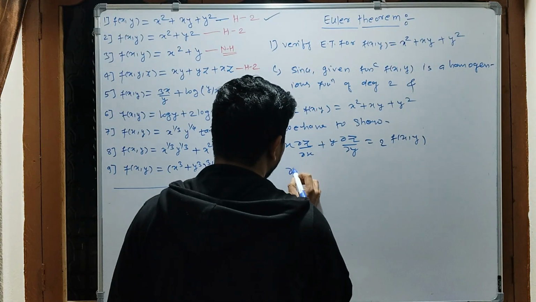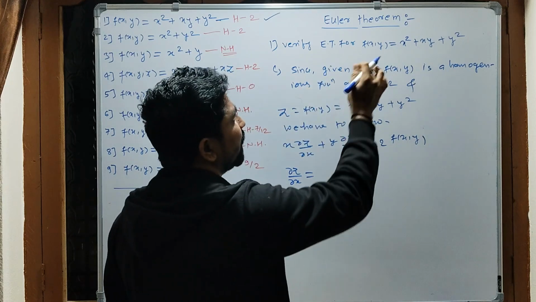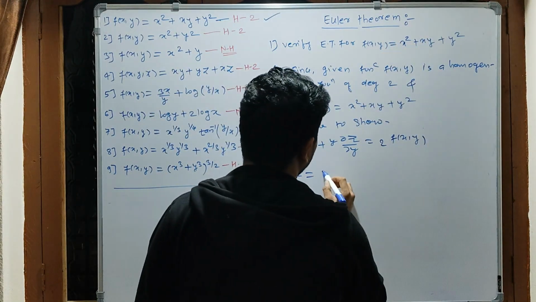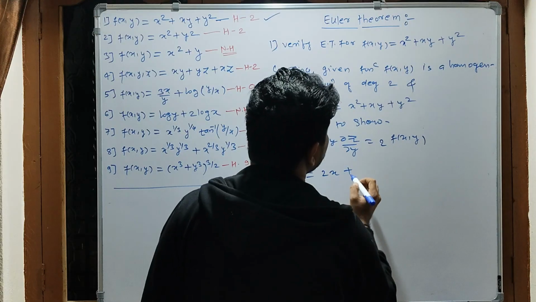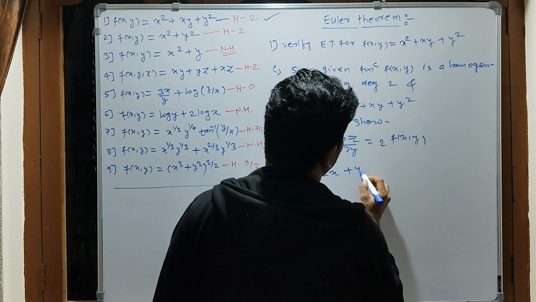So dou z by dou x is the partial derivative of this function with respect to x, treating y as a constant. Therefore 2x plus y.